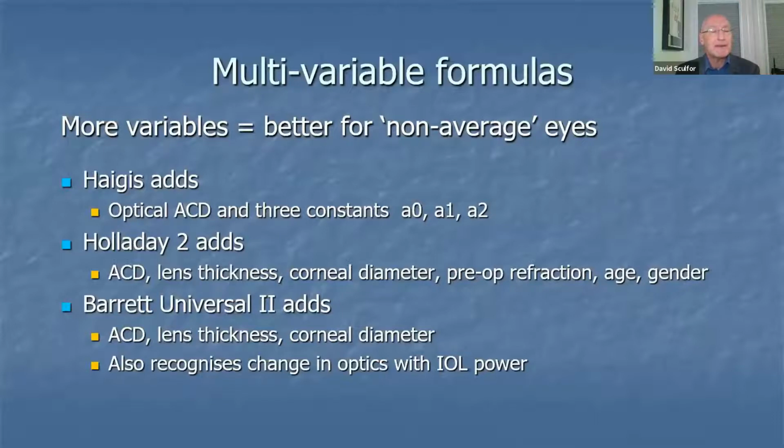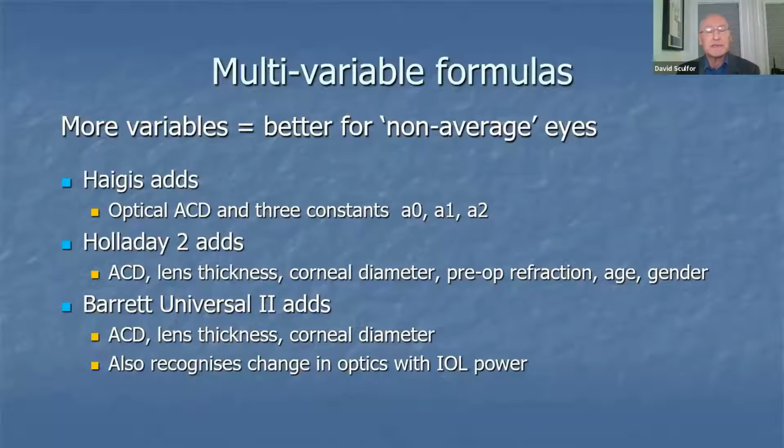So happily they didn't include that one, and it was just anterior chamber depth. So they came up with three constants. You've got A0, which represents the lens, A1 adjusts according to axial length, and A2 according to anterior chamber depth. Jack Holladay in his formula, which in fact he's never published, so we don't know exactly how these fit together, bolts on a few more bits.